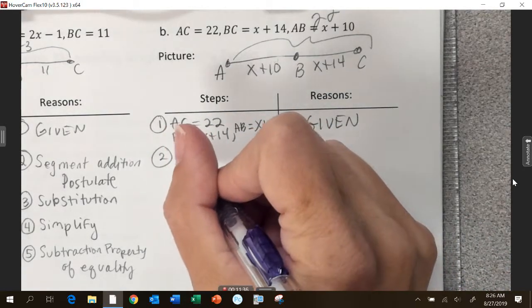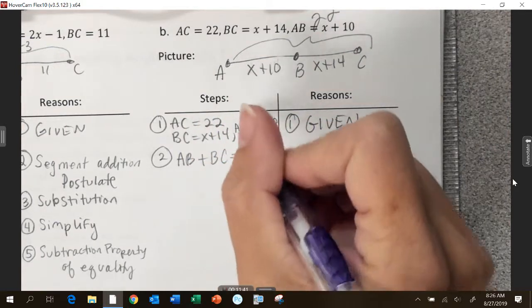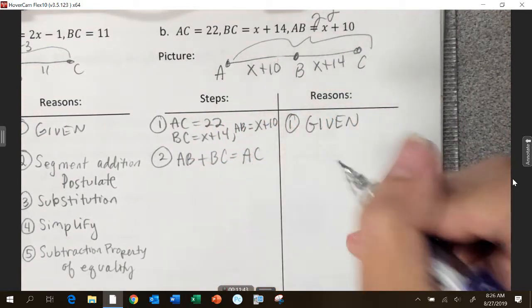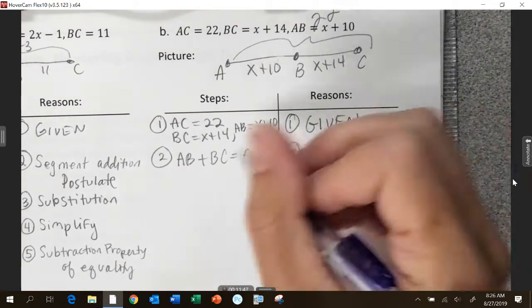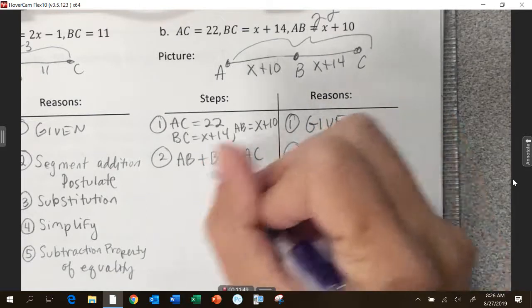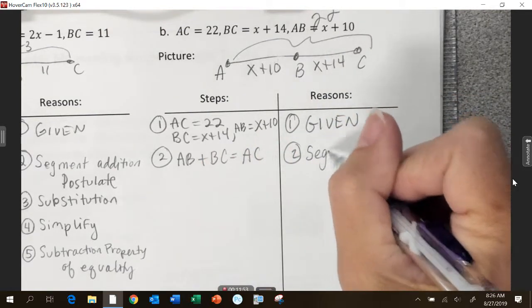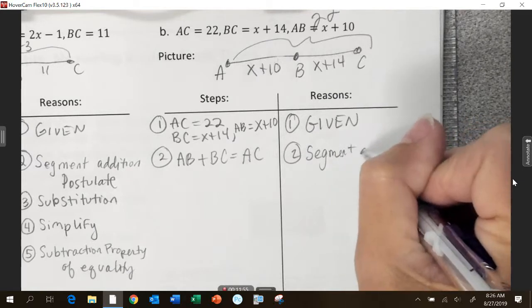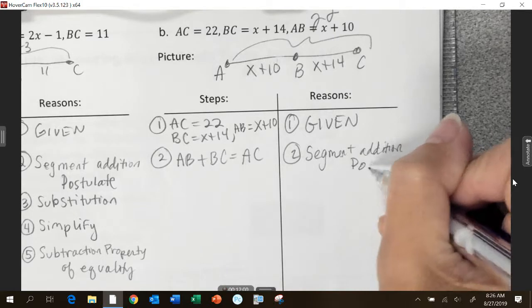That's perfect. I'm actually going to write AB plus BC. The way you said it is totally fine. I'm just going to write it in the other order. And then, can somebody tell me the reason, Matthew? Can you tell me the reason why I'm allowed to say that? Segment addition postulate. Yes. Segment addition postulate.